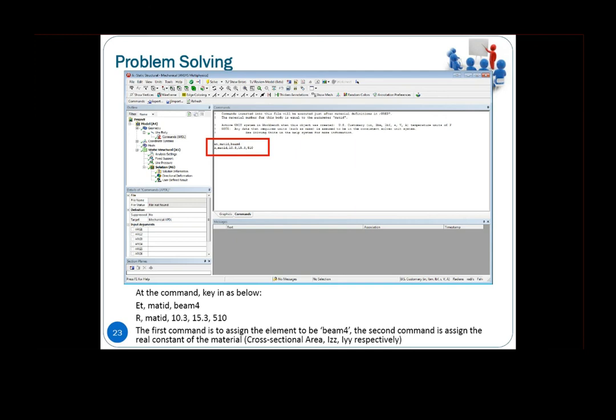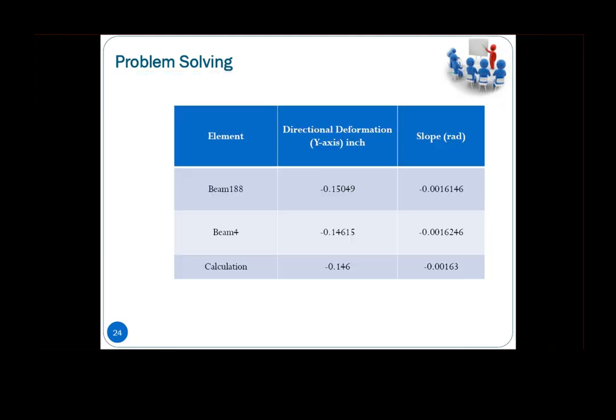Areas, then also our so-called I or second moment of inertia of areas, both of them. Then you can run it, and it will use these APDL commands to basically take the Euler-Bernoulli model or beam 4 model rather than the beam 188 models.